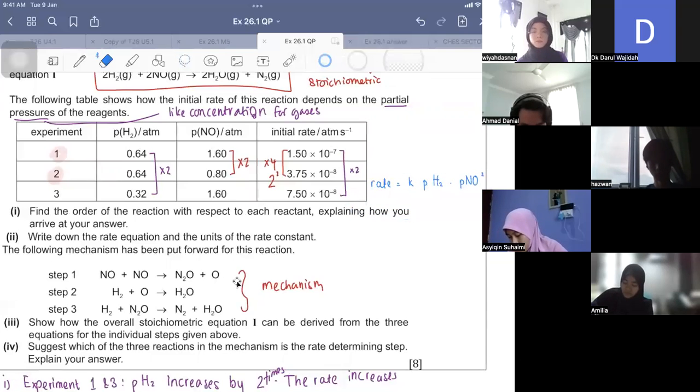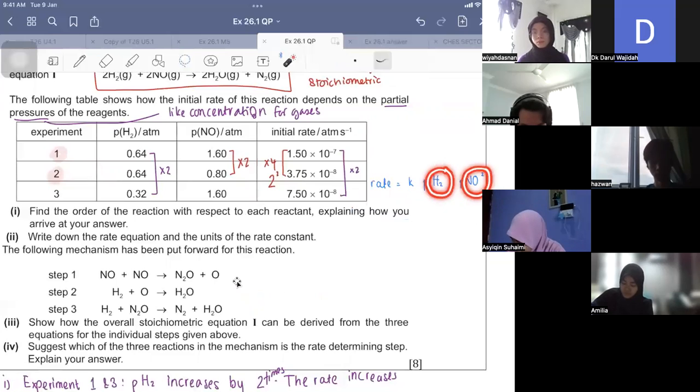Now, the rate equation suggests that our slow step must contain hydrogen and nitrogen monoxide. So look at step 1. Please do not always think step 1 is the slow rate determining step. It can be the second step or it can even be the last step.